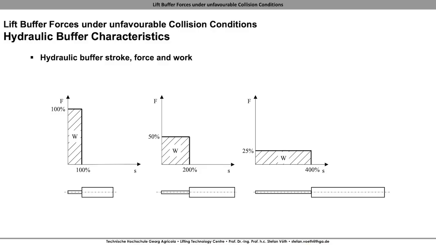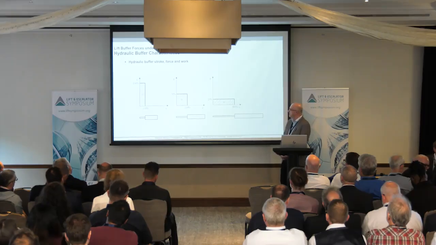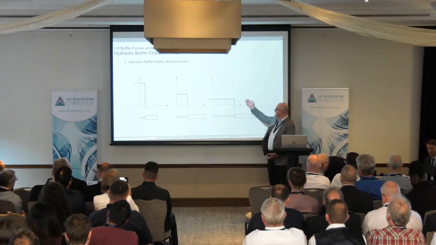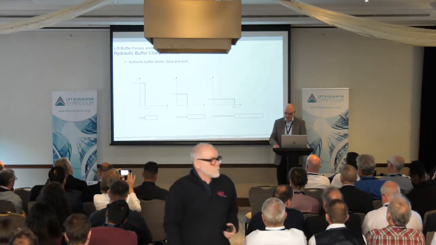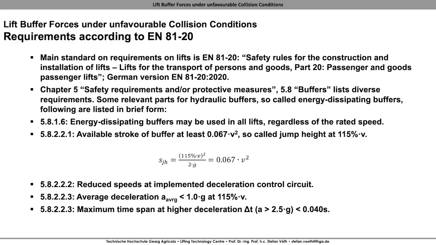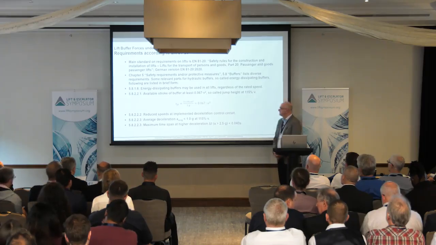You have the choice, for the work you have to do, to create it by higher forces combined with smaller strokes, or smaller forces with higher strokes. And the standard will help you, because a minimum stroke is required. You can calculate it by this standard.